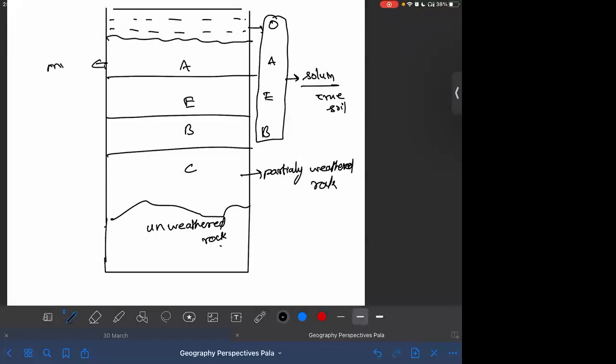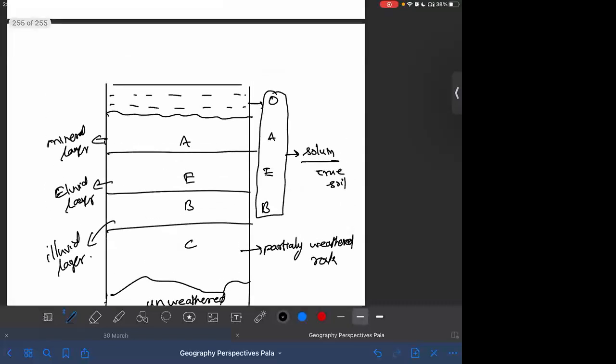A is the mineral layer. This is the alluvial layer. We'll see what all this is. Okay, and this is the layer of C, a partially weathered rock.